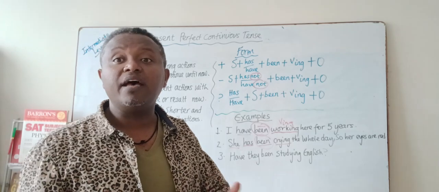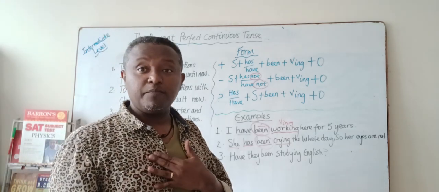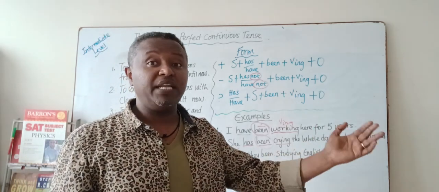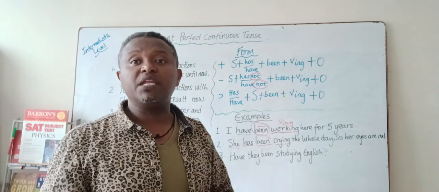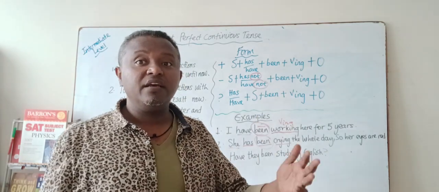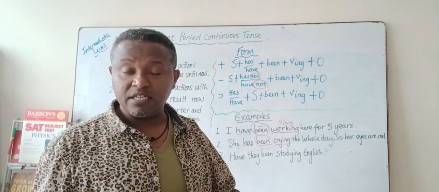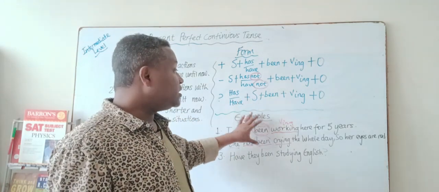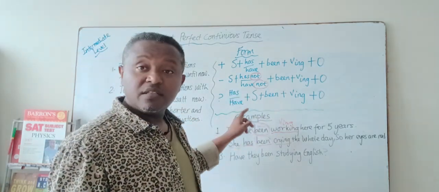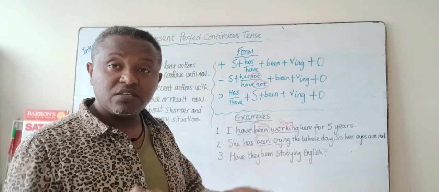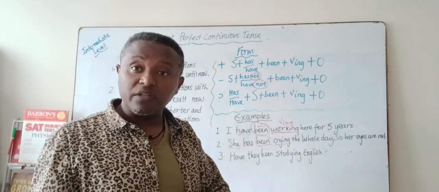Right? They have been. So I have been teaching. They have been learning. We have been walking. They have been reading, or they have been studying, etc. Okay, we use this structure, and depending on the subject, we alternate the has or the have.